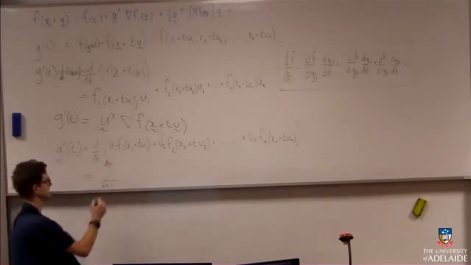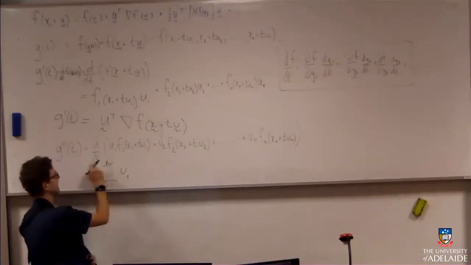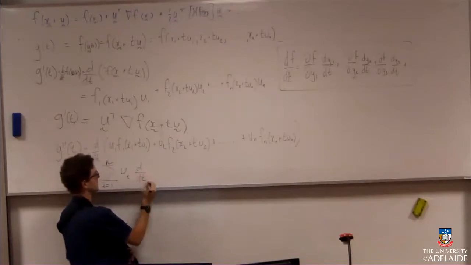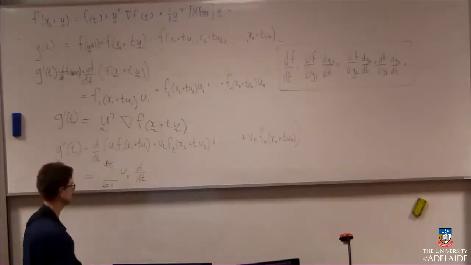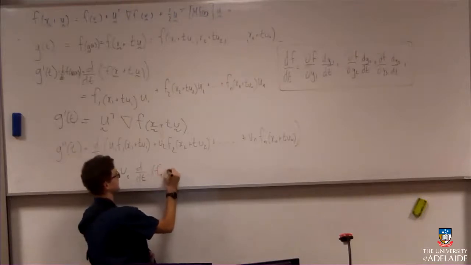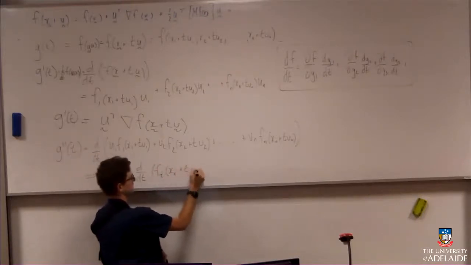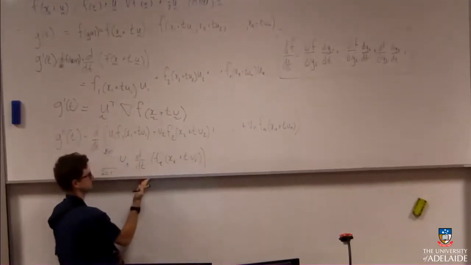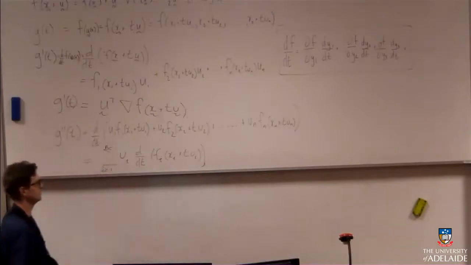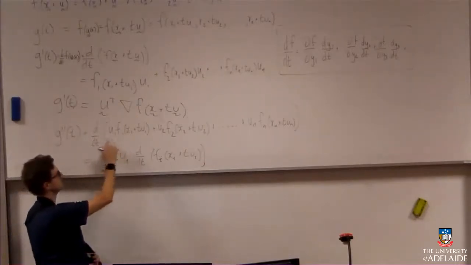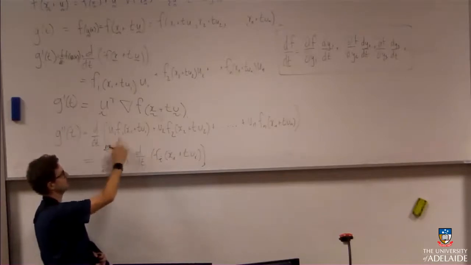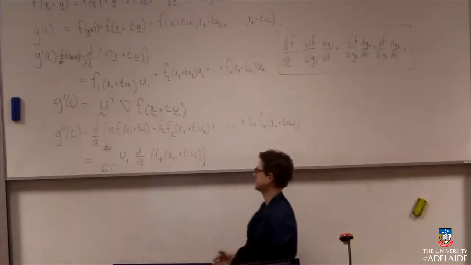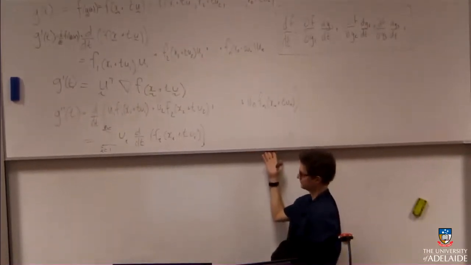I've always got ui, and I can pull the derivative inside, so I've got the d by dt of all of these f terms, fi of xi plus t ui. That's just pulling the derivative inside, so the derivative only needs to operate on the f's, and then compactifying this into summation notation.